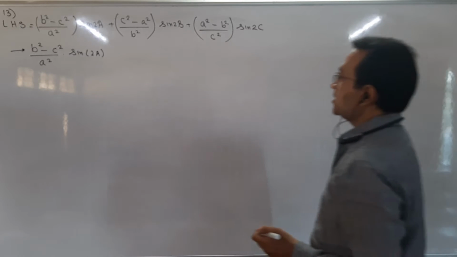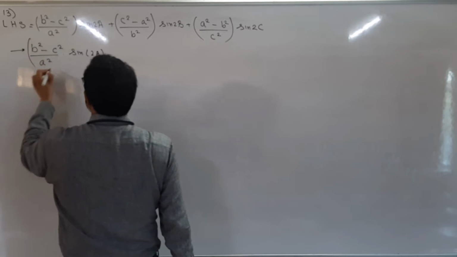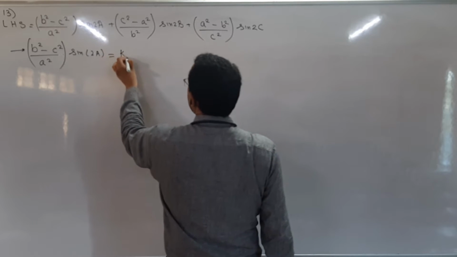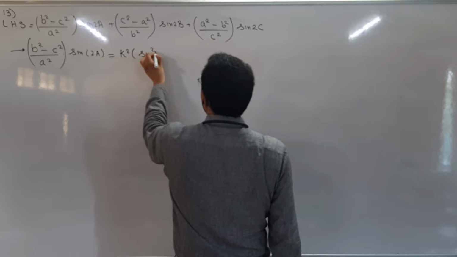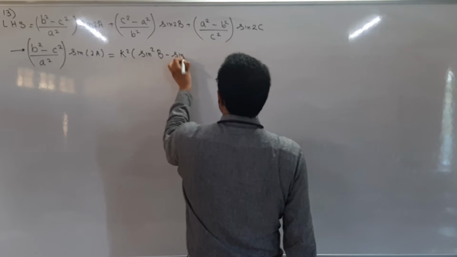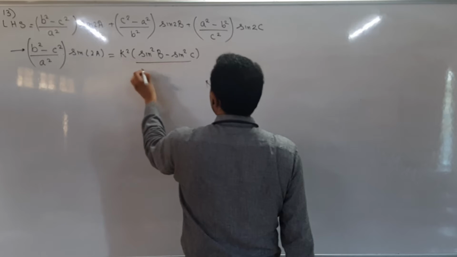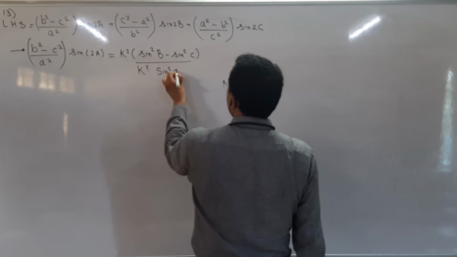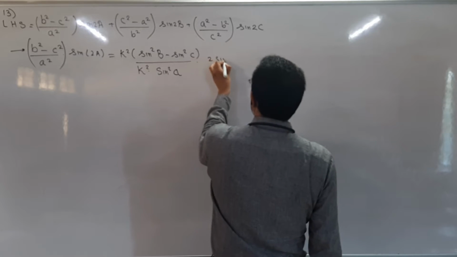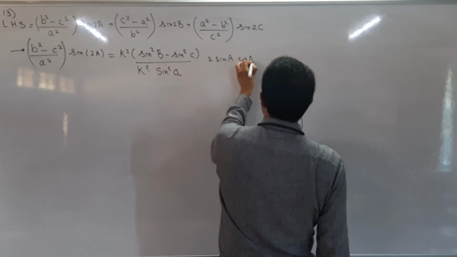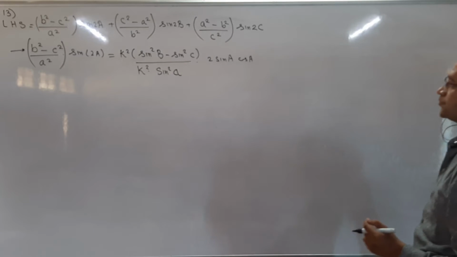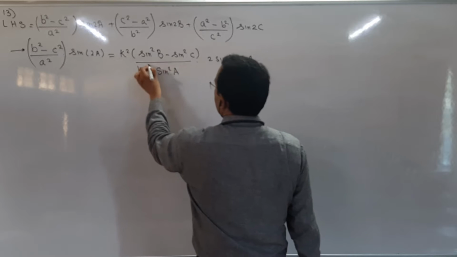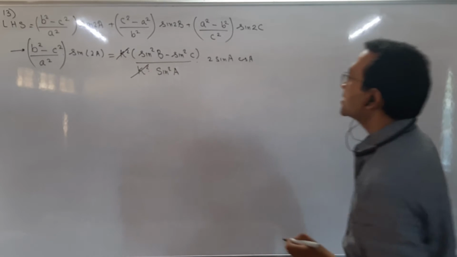Now students, small abc indicates the application of sine rule, taking k square common, so I will get sine square B minus sine square C upon k square into sine square A, into 2 sine A cos A. Sorry, I should have written here capital A. K square and k square gets cancelled.